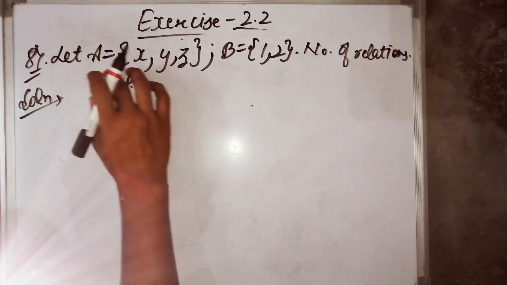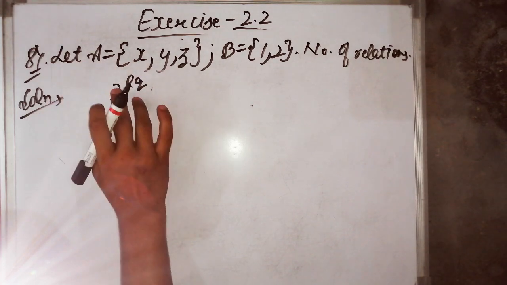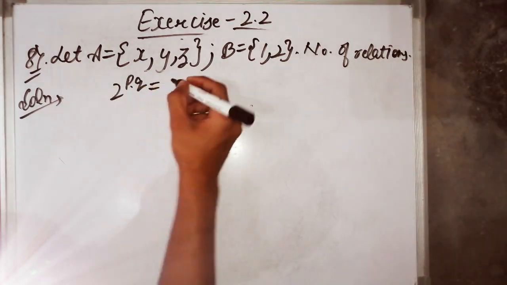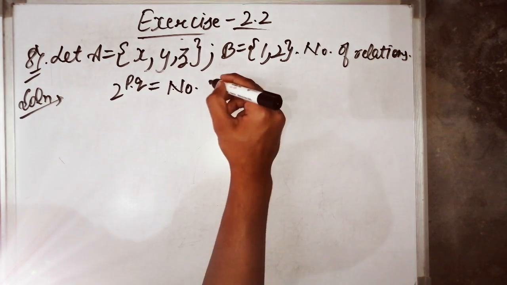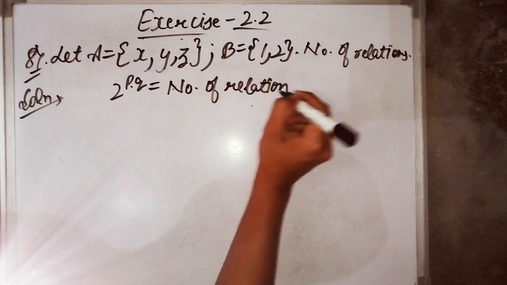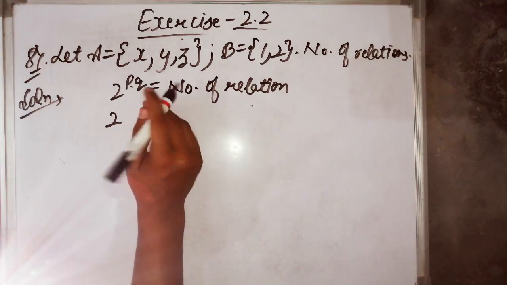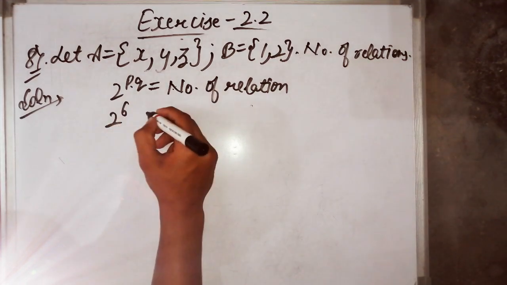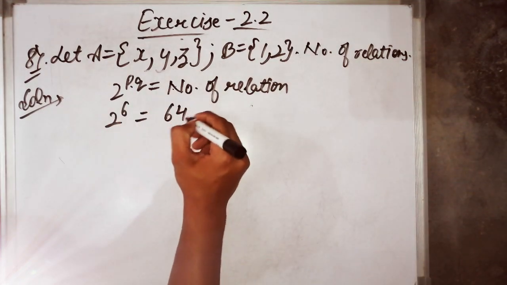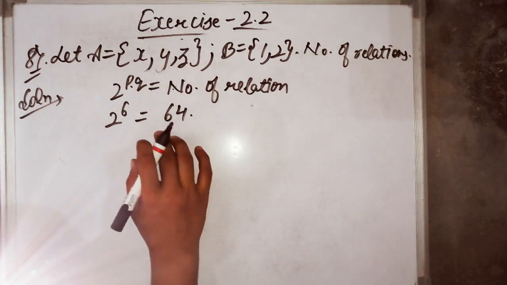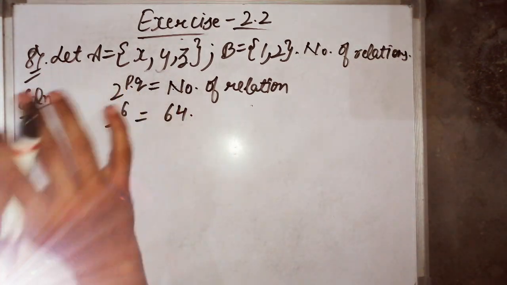Where p is the number of elements in set A and q is the number of elements in set B. So we have 2 to the power 3 into 2, which is 2 to the power 6, which is 64. These are the total number of relations from A to B.